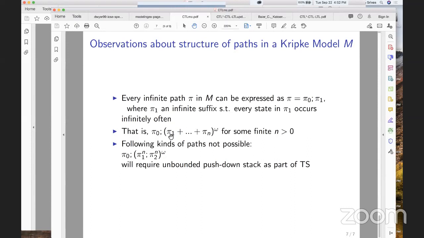that the states which occur infinitely often will have to occur in a strongly connected component in your transition system.